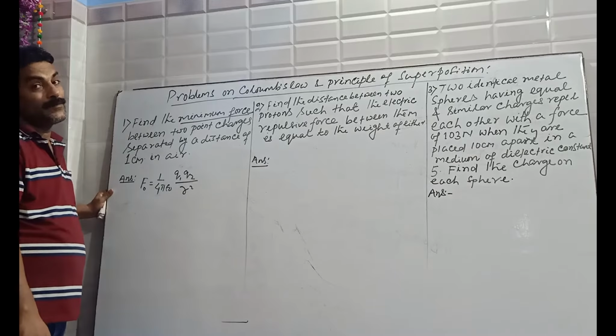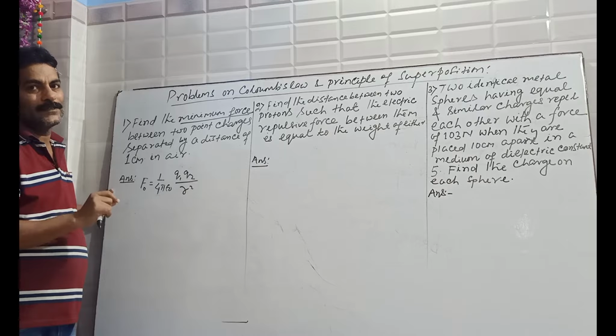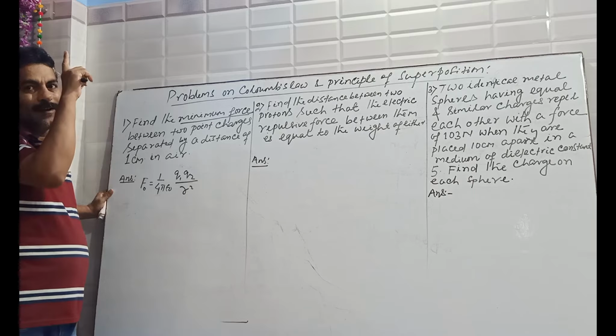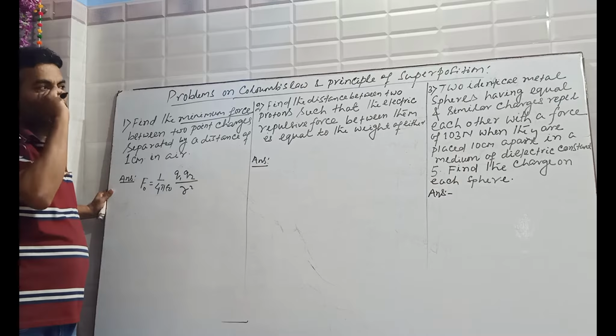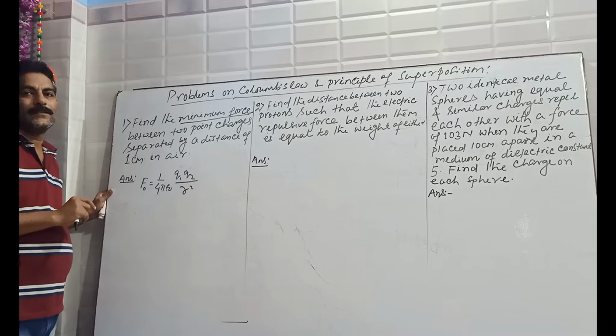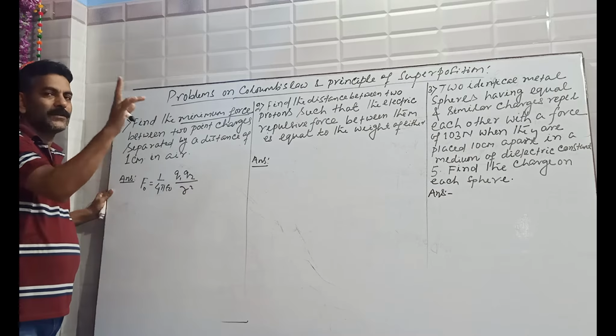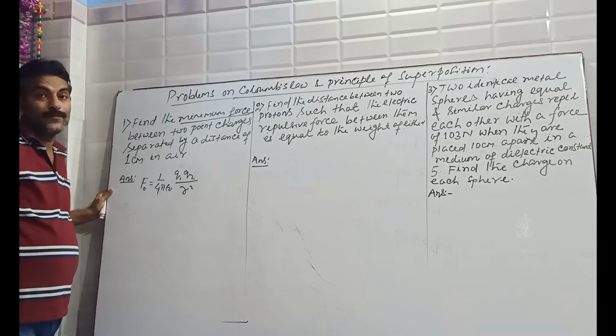We have one property, the minimum amount of charge that has free and independent existence in nature is the charge of an electron. We have already studied that property in electric charge. Here the two charges are not given, but we have to find out minimum force.